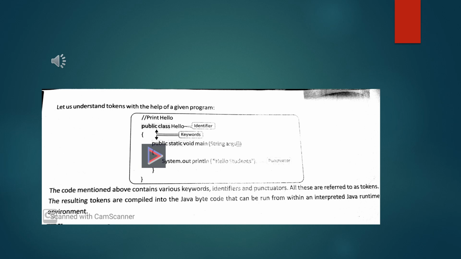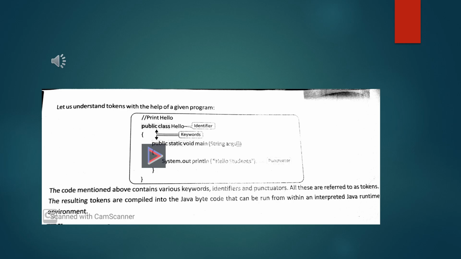These are known as tokens, and they will be understood by the compiler. The compiler converts it to Java byte code, the intermediate code, and then it is translated to machine form by the interpreter, executed, and gives you the result.